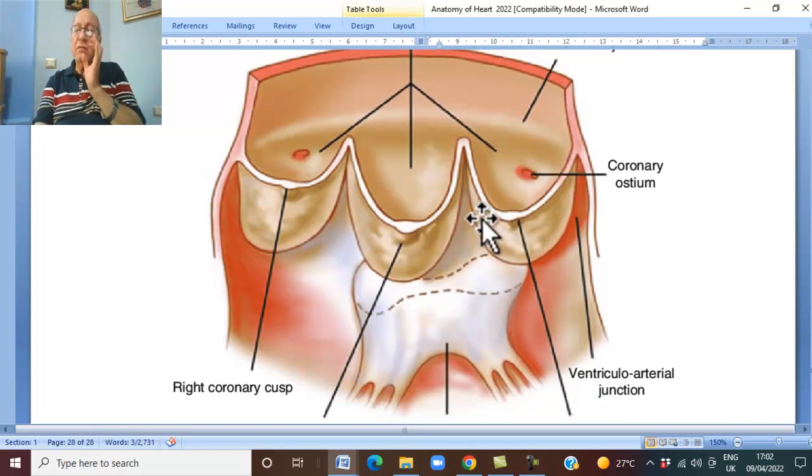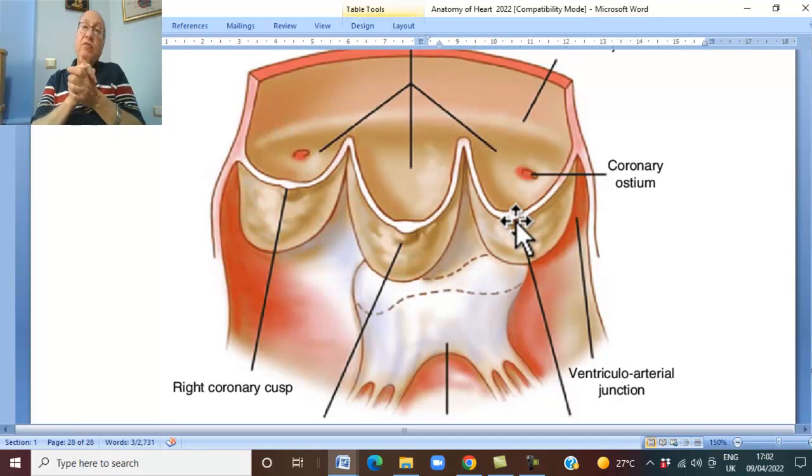Finally, similar to the pulmonary cusps and valves, the free border or free margin shows central fibrous thickening called the nodule, and on each side of the nodule the area is called the lunule. This thickening is essential for proper closure of the aortic valve during diastole.